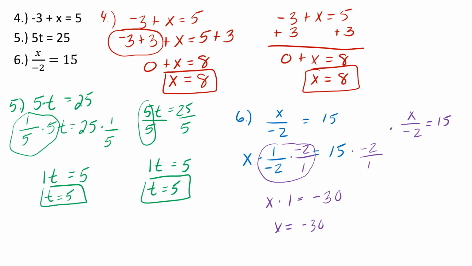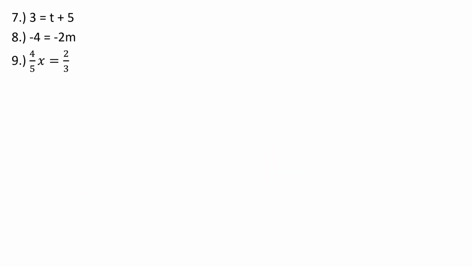So we multiply both sides by -2, and then -2 divided by -2, like right here, you've got those canceling out to the 1, and then you have the -30 over there. Okay, so x is -30.